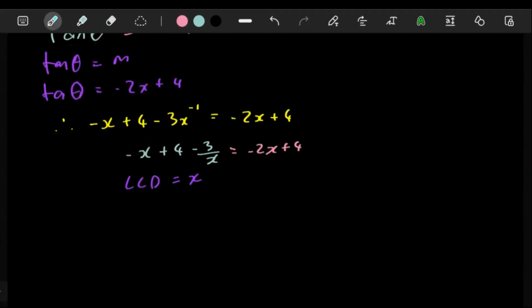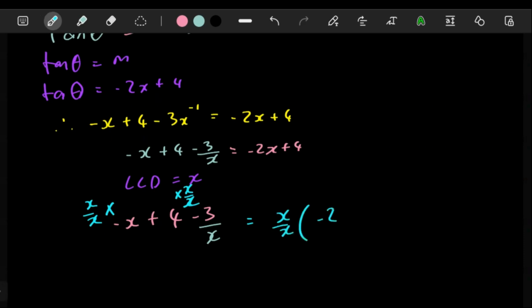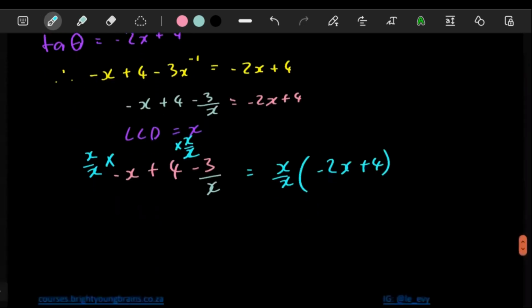So we need to multiply each of these individual terms by x over x, and on the other side we also multiply everything, negative 2x plus 4, by x over x. Let's see what we end up with.